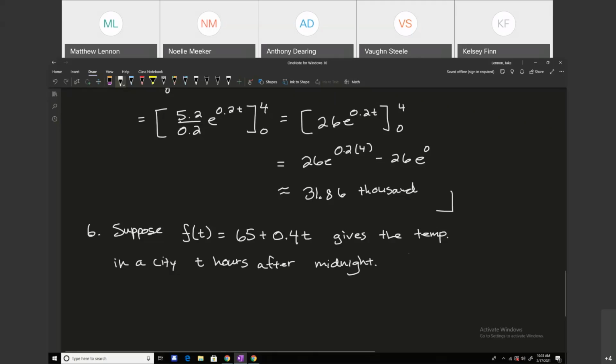So let's say find the average temp from 4 a.m. to 2 p.m.